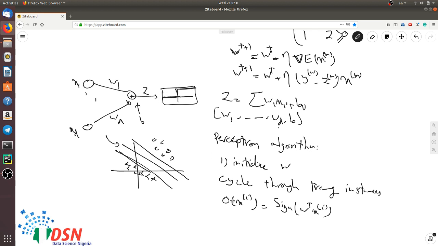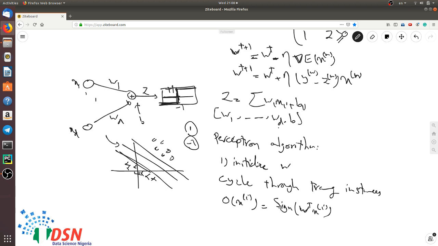or a step function in here, and in fact instead of a step function we could use the sign function, which is +1 or -1, because our categories are 1 and -1 in here.